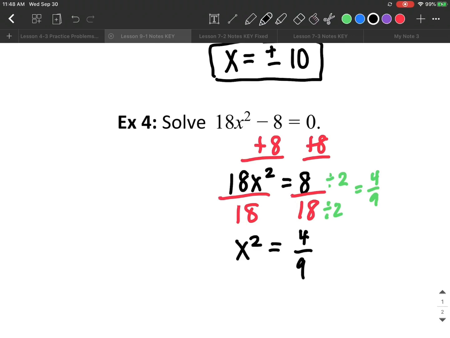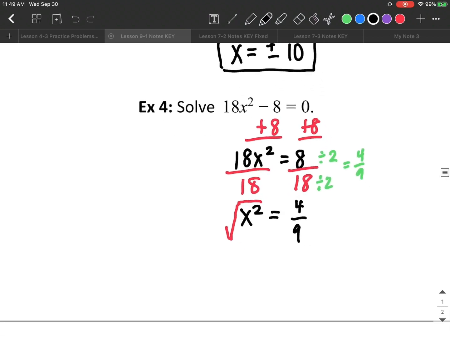From there, now I can take the square root of both sides. So I could take the square root of the left-hand side, so I'm left with x on the left-hand side. If I do that on the left, I have to do that on the right, so take the square root of the right-hand side. When I take the square root of a fraction, it's the same thing as taking the square root of the top and taking the square root of the bottom.